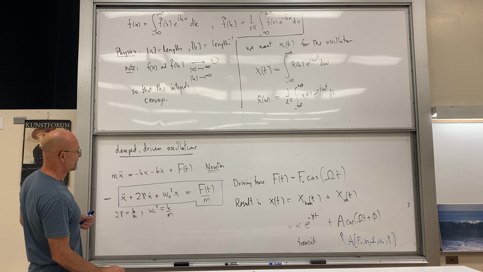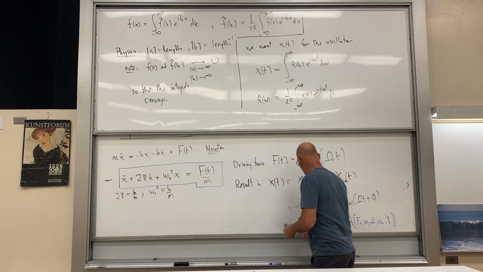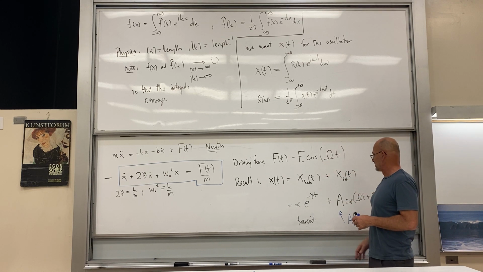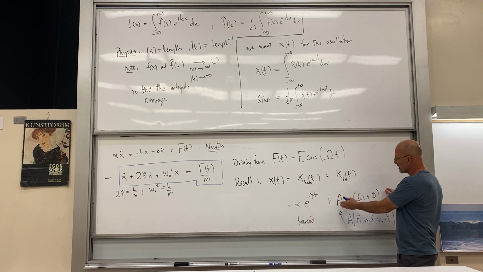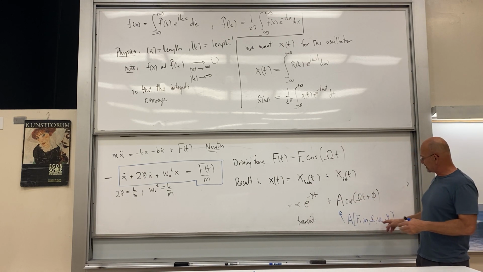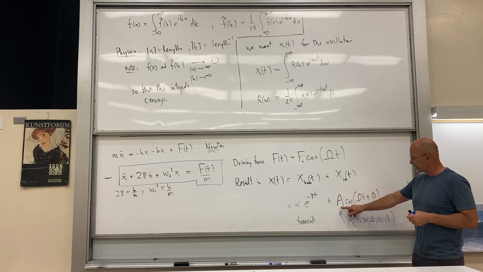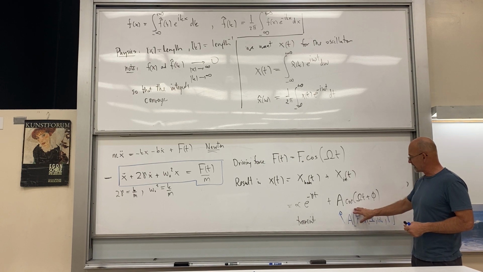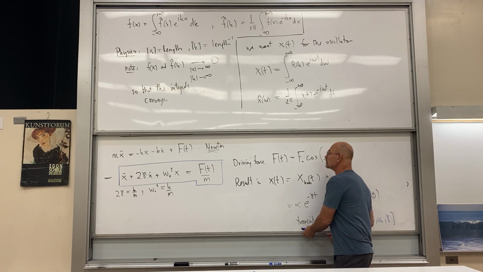You have that in your notes, what we did at that time. The transient decays, you're left with this driven part. And depending upon what's going on with the driving frequency, this amplitude could even diverge in certain limits. So this amplitude was a pretty rich object.